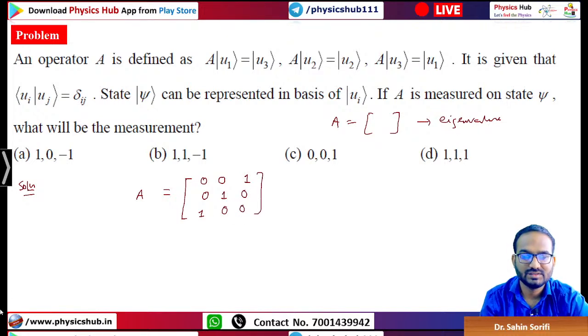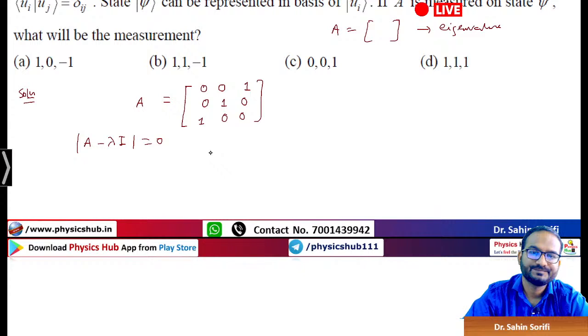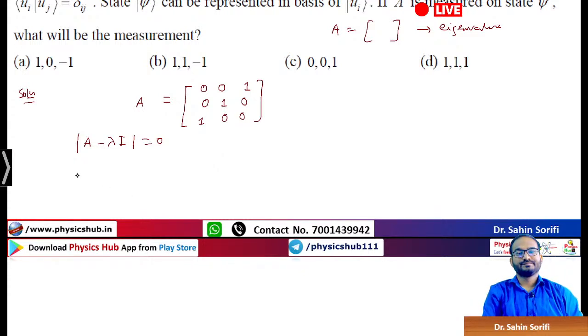So we got something like this. Now what we have to do is find the eigenvalue of this matrix. Minus lambda, 1 minus lambda, minus lambda, 0, 1, 0, 0, 1, 0.